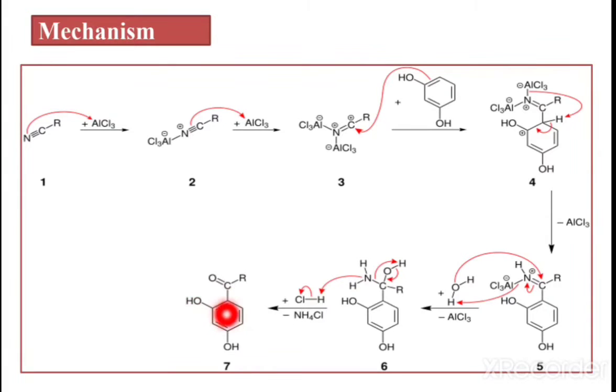That means adjacent to this OH, we get the acyl group. This is the simple mechanism of the Hoesch condensation. That means in the Hoesch condensation, the starting compounds are resorcinol and alkyl cyanide, HCl, and the catalyst is AlCl3, and it is again a formylation-type reaction, just insertion of an acyl group, and we get the acyl phenol.